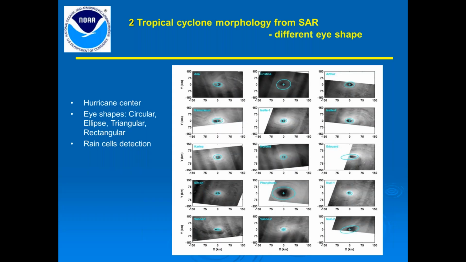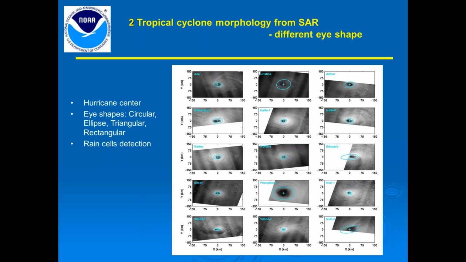So the first thing we did, again with Jun Zhang from National Hurricane Research Division down in Miami, is look at all the eye shapes observed in SAR. Again, SAR gives you the two-dimensional view of the ocean rough surface.